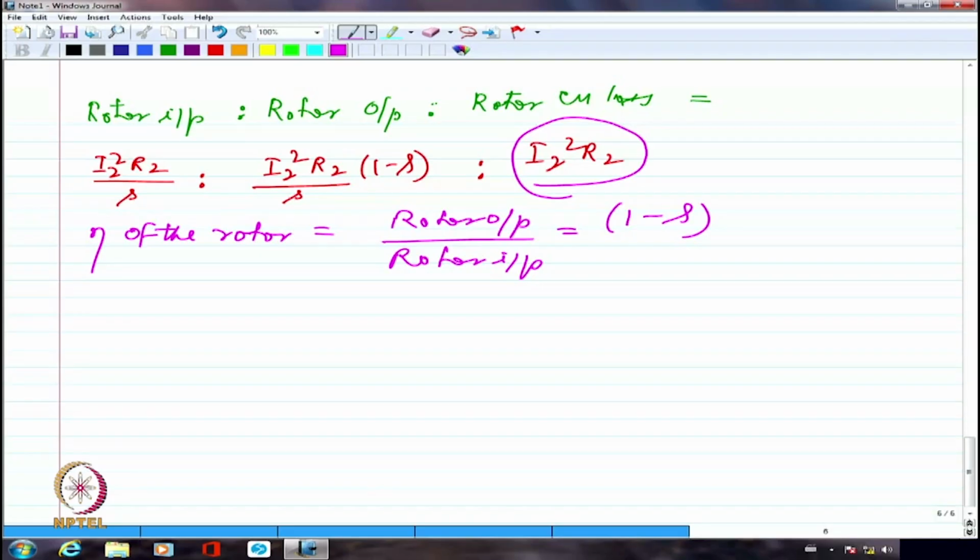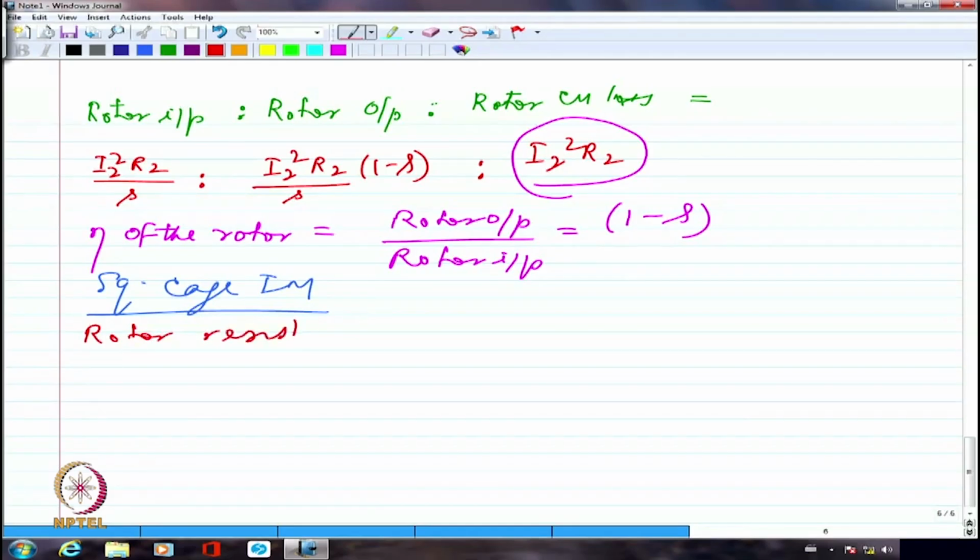So if I look at squirrel cage induction motor, which has thick rotor bars, the resistance is small. The rotor resistance is small, the rotor copper losses would be small normally for a squirrel cage induction motor. So I can say squirrel cage induction motor, rotor resistance normally will be small.